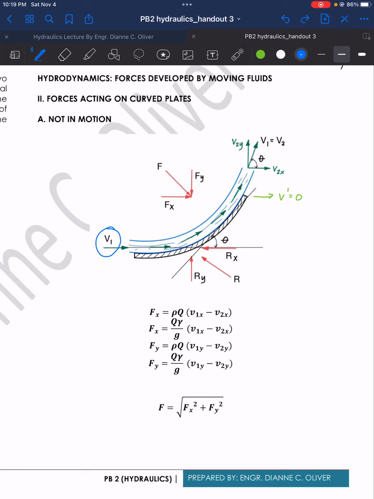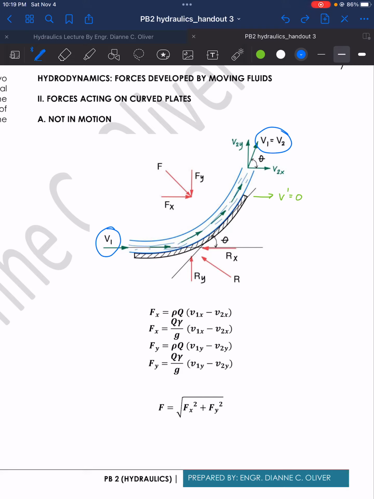We can get the x and y components of the velocities by the angle of bend of the plate or the vane.